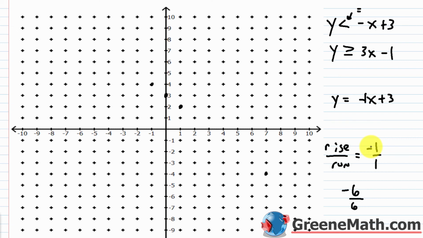But the reason I did that was to get a point down here so I could put my ruler in a row and get a nice clean line. Okay? You only need 2 points to make a line, but it's just so much easier if you have more points involved so you can make a nice clean line. All right, so now that I'm going to draw this, remember, this is a strict inequality, so I want a broken or dashed line.